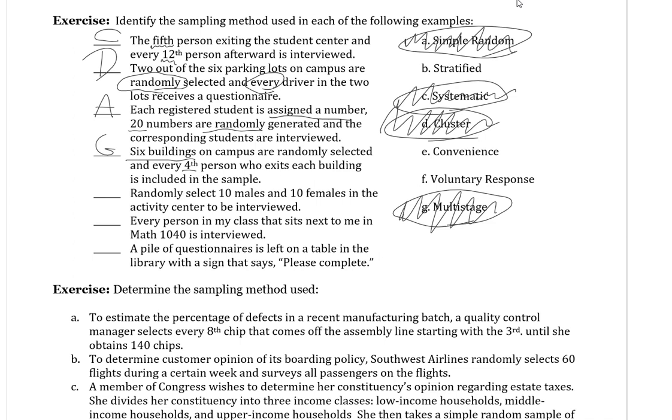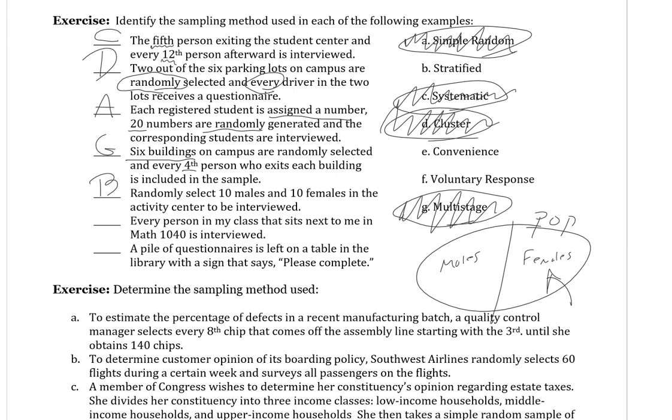Okay, randomly select 10 males and 10 females in the activity center to be interviewed. Now this sounds like simple random sample because all you see is random and 10 males and 10 females. But what this one actually is stratified. This is B. The reason is because they took the population and they split into 2 groups, males and females.